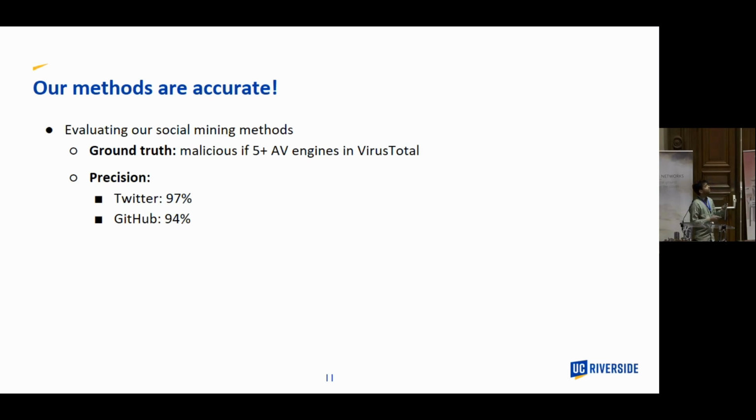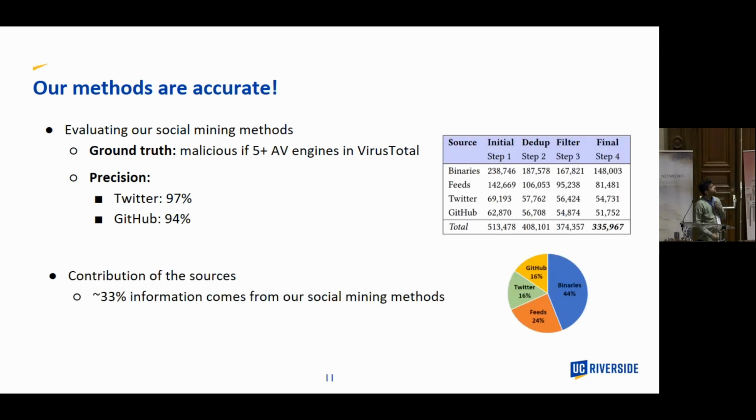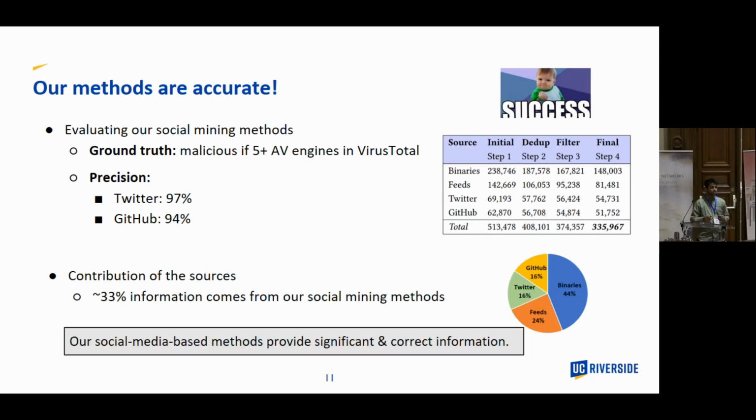Overall, after collecting all of the data, we found that Twitter has 97% accuracy, and when we look at the contribution from mining Twitter and GitHub, 33% of the information comes from these social media handles. So the takeaway from this slide is that our social media based method provides significant and correct information.